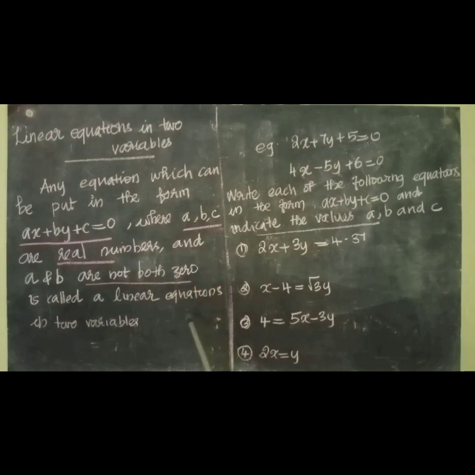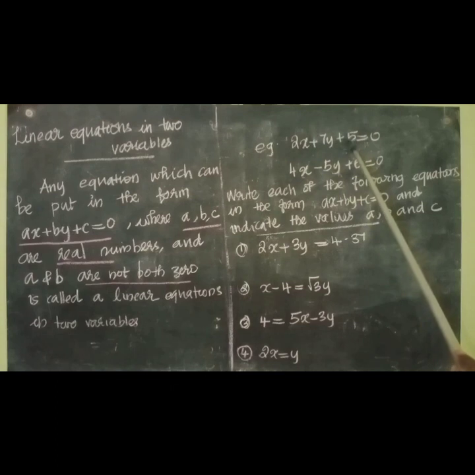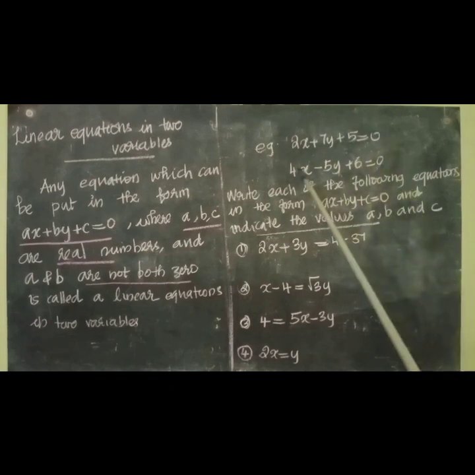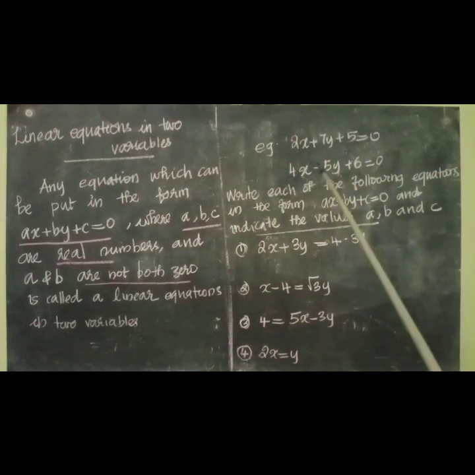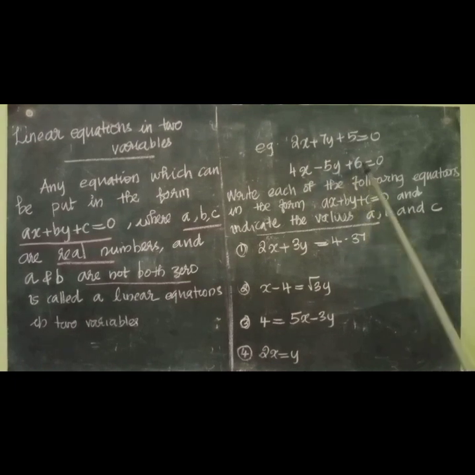So here a equal to 2, b equal to 7, c equal to 5. Another example, 4x minus 5y plus 6 equal to 0. Here a equal to 4, b equal to minus 5, c equal to 6.